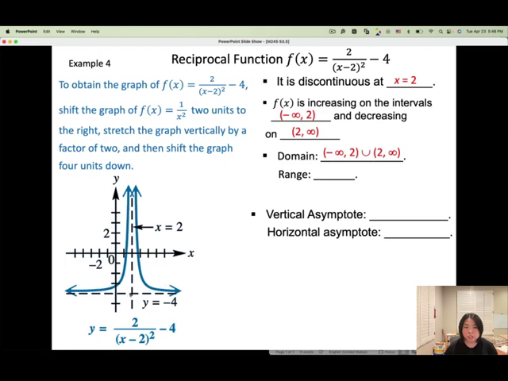Okay, range, starting from here, parenthesis, negative 4 until positive infinity. Okay, this is gonna be your vertical asymptote, x equal to 2. Horizontal asymptote, y equal to negative 4. Okay?